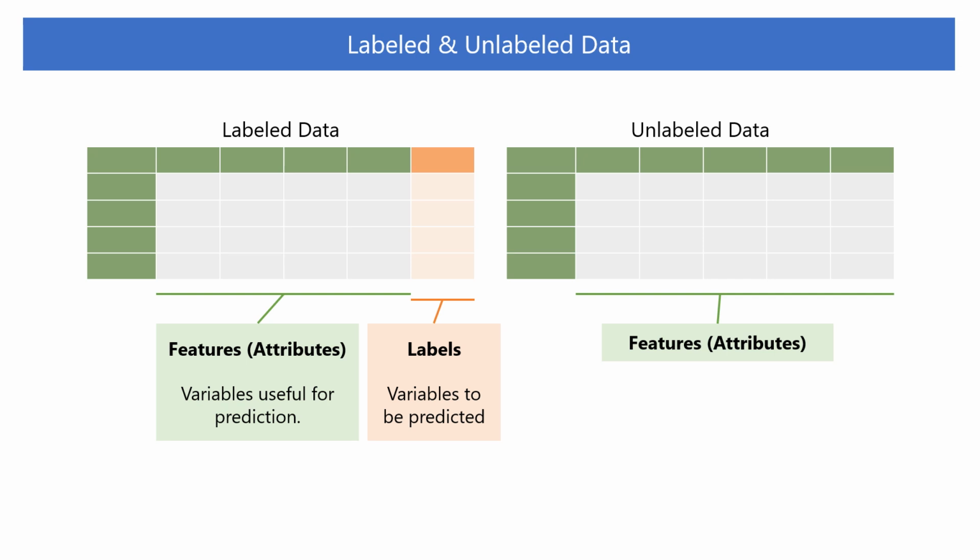Unlabeled data, on the other hand, is data that does not contain a label that is the target value or the correct answer. In unlabeled data, all variables are called features or attributes. This difference between labeled and unlabeled data is essential to understand the difference between supervised and unsupervised learning.